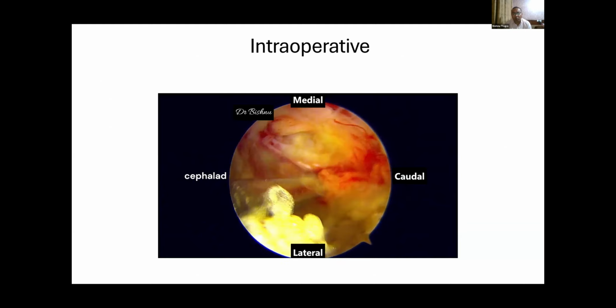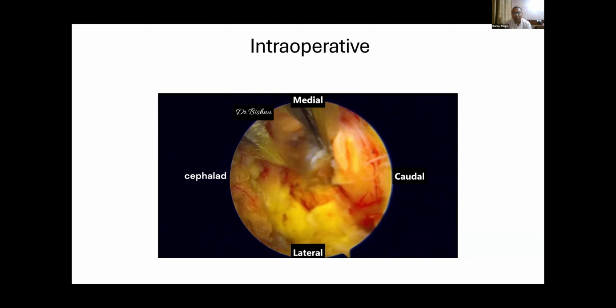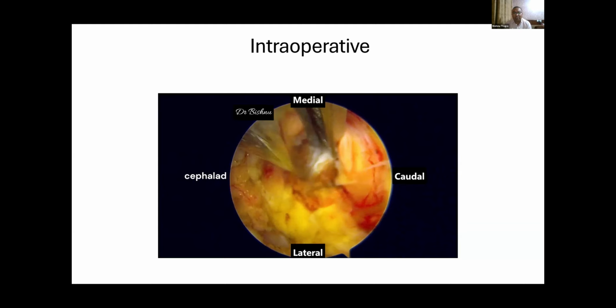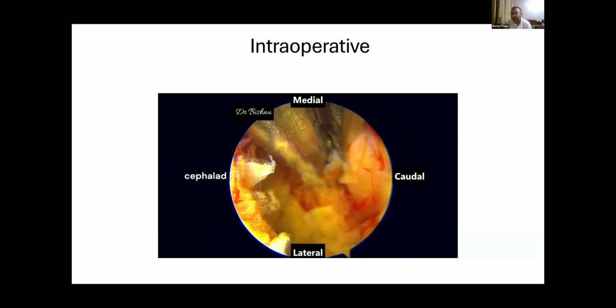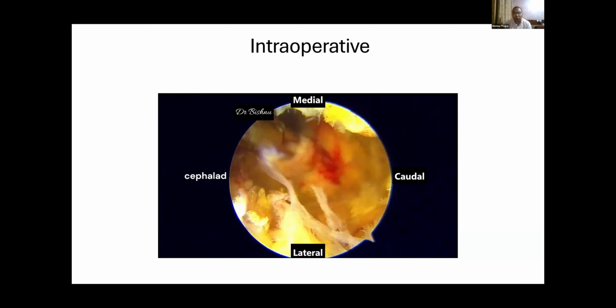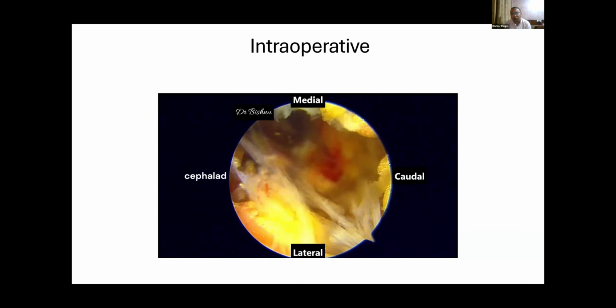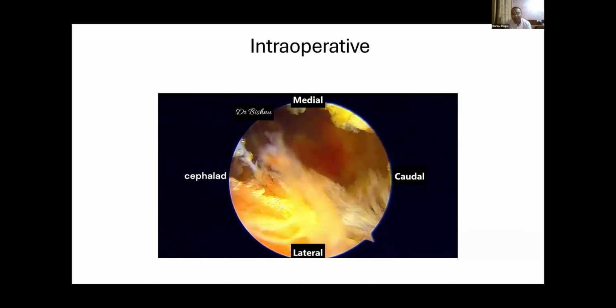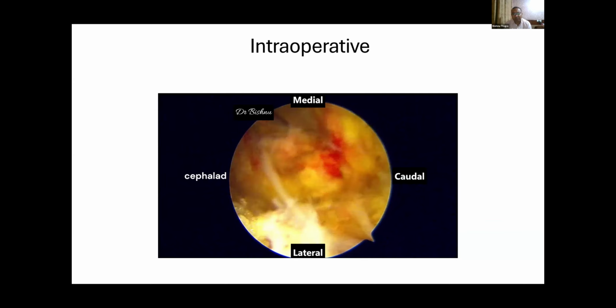So I removed all the ligamentum flavum, and first removed a few small fragments, then the neural structures slightly loosened up. Then I retracted the nerve root and dura, exposed the disc space, and gradually tried to pull out the large fragment. It is very difficult because of the large fragment.